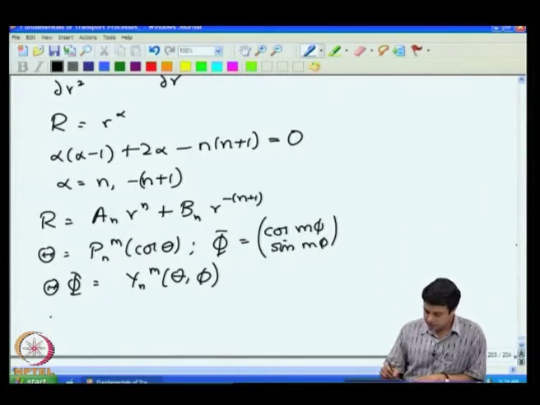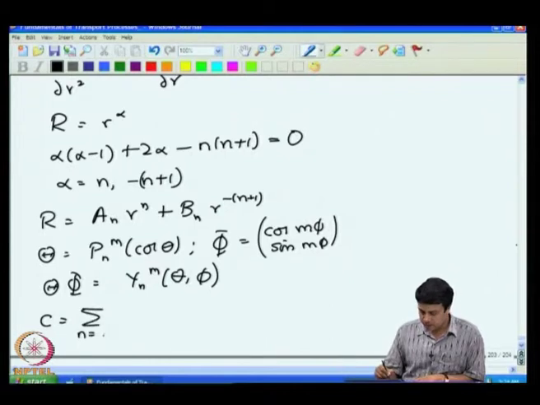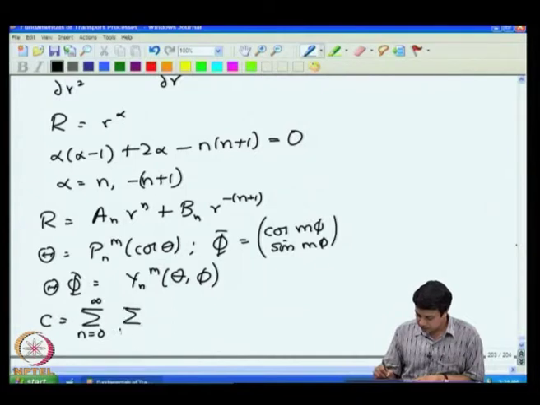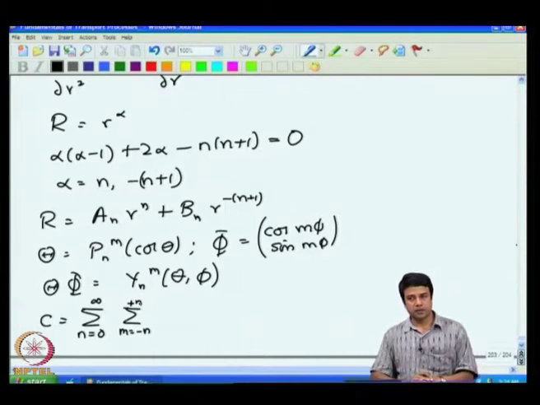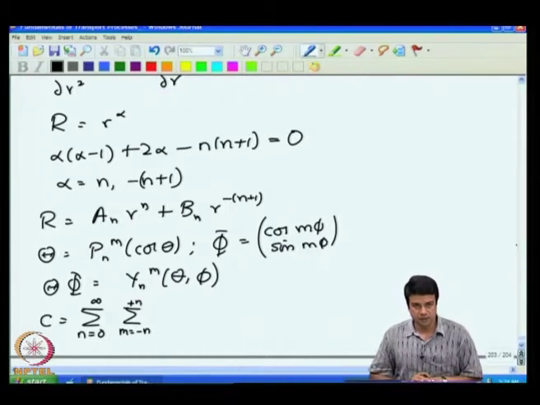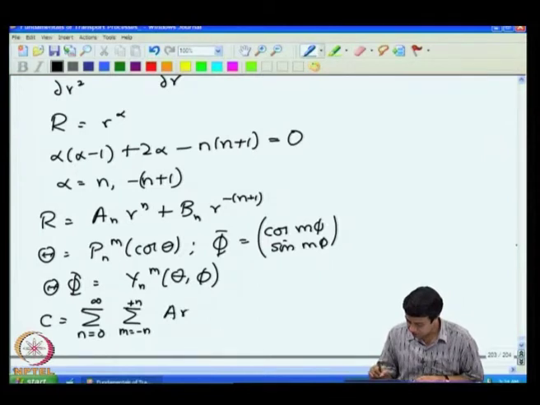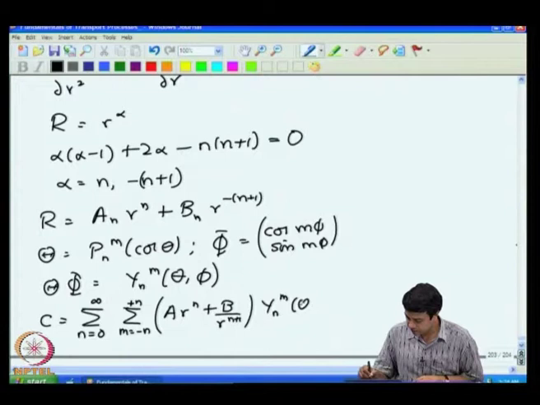So, putting all these together, the final solution for C will have a sum over n equal to 0 to infinity, and m equal to minus n to plus n. I told you that m has to go only from minus n to plus n for the series to be convergent, times a n r power n plus b n by r power n plus 1, times Y n m of theta phi.